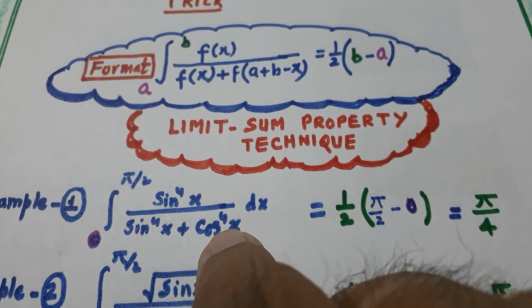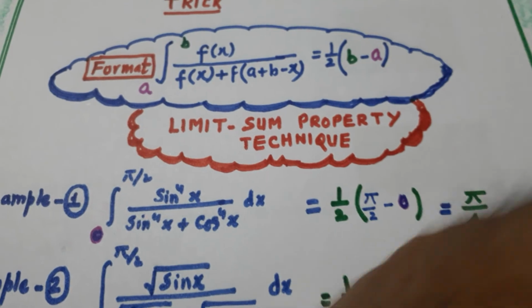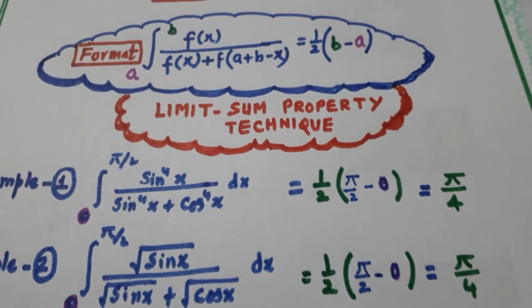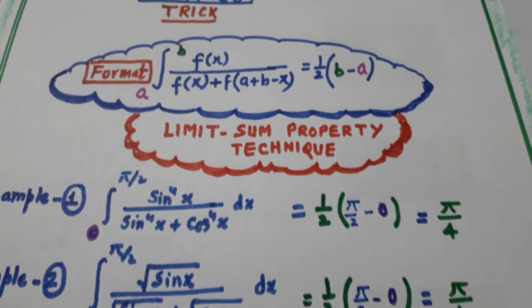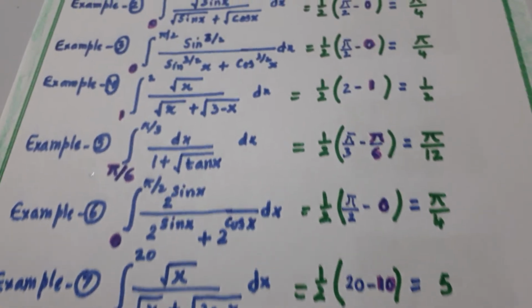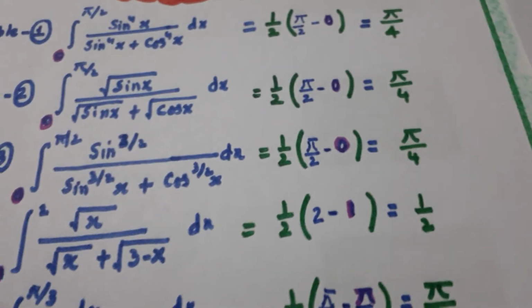You have to write that also. Then the question is eligible to become half of b minus a. That's all. So now you find that if you know the tricks, questions are very easy. You can just write them in a jiffy.